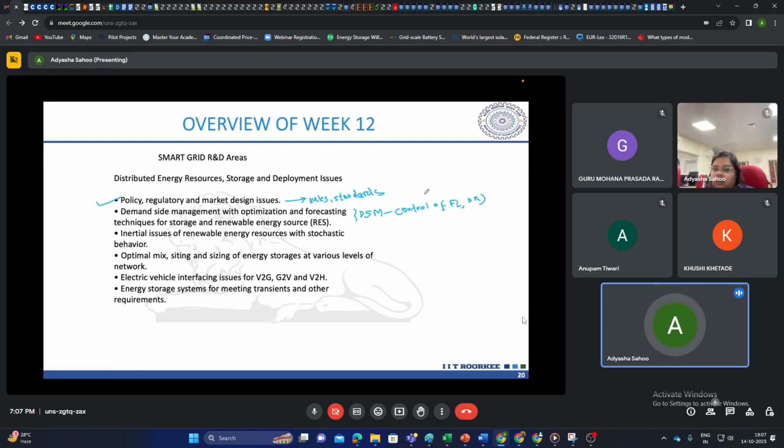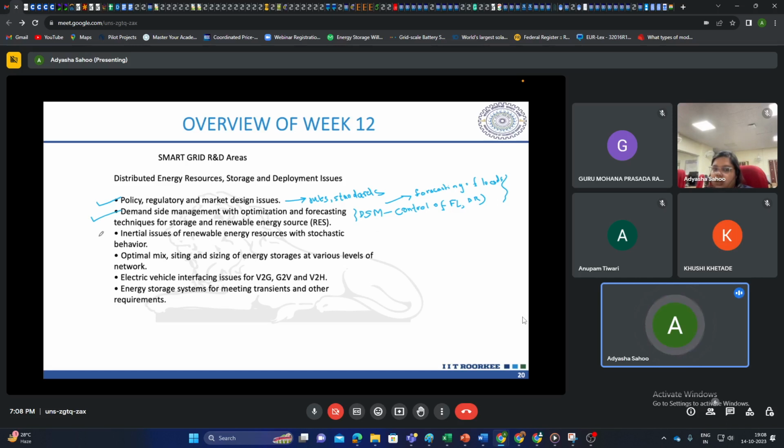And this also will require the forecasting of these loads in the first place. So to achieve this demand side management, we need better forecasting techniques. We need better optimization methods which can effectively control the operation of these demand side resources for meeting the need of the grid.